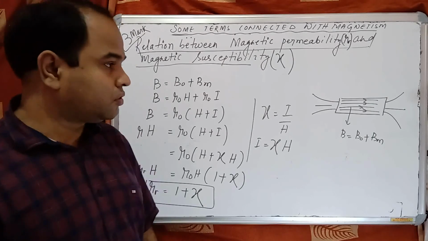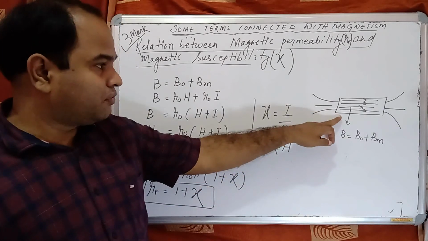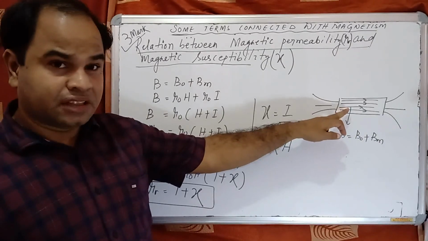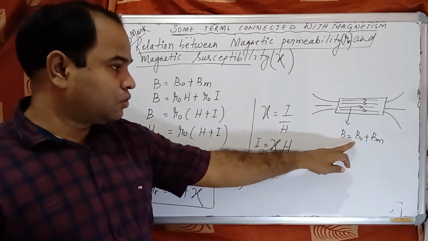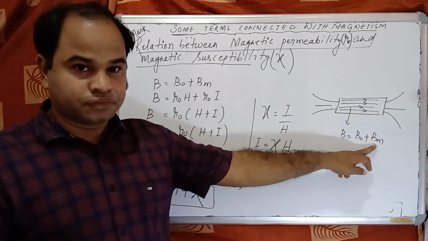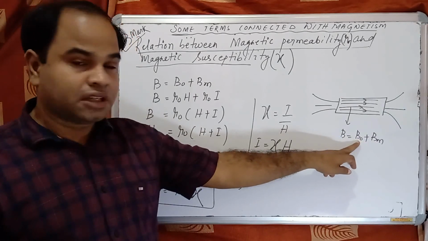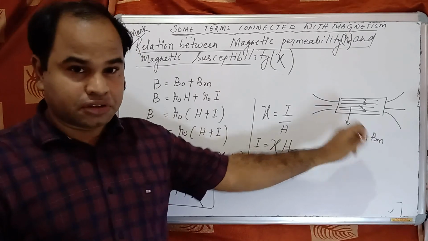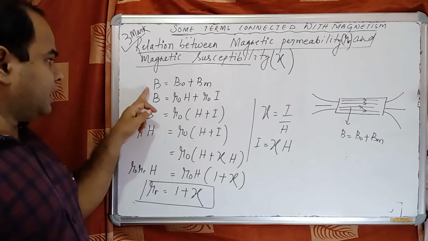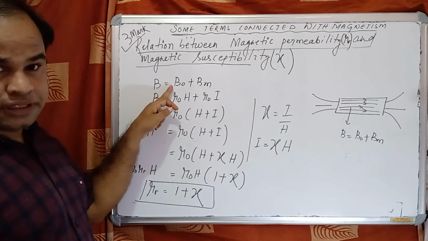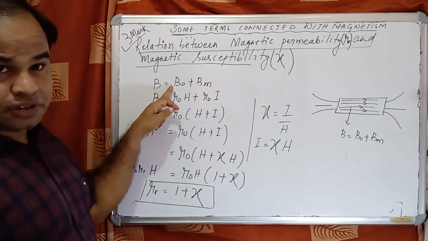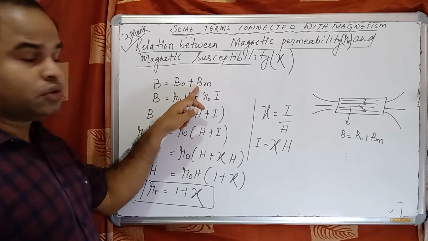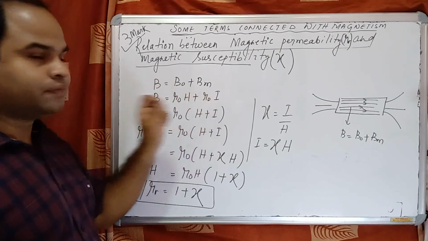The magnetic field inside this substance is B equal to B naught plus Bm, the external magnetic field strength and the induced magnetic field strength. B naught is equal to mu naught into H, and the induced field is equal to mu naught into I.